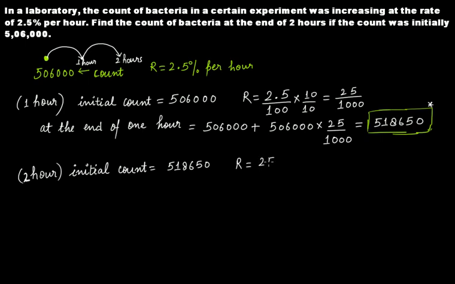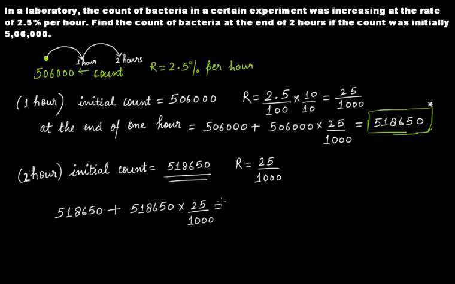It can be written as 25 by 1000. So at the end of the second hour, what will be the final count? This is the initial count, and it will increase by 2.5% of this initial count, which can be written as 25 by 1000.